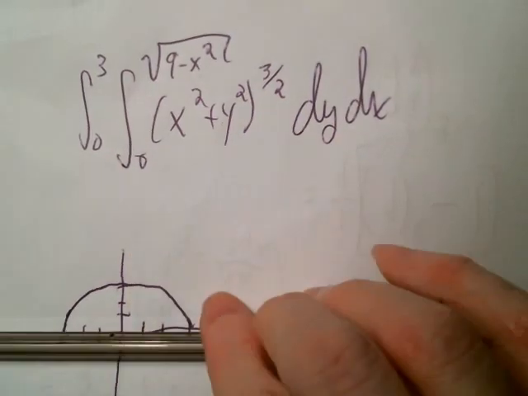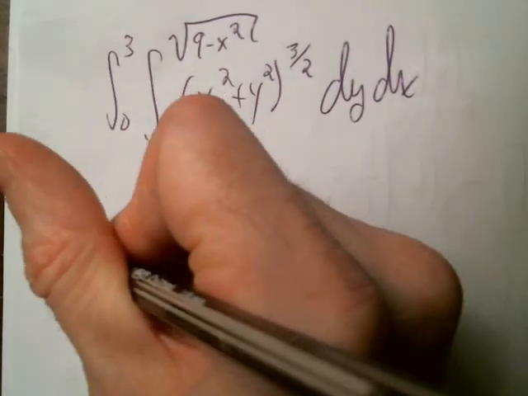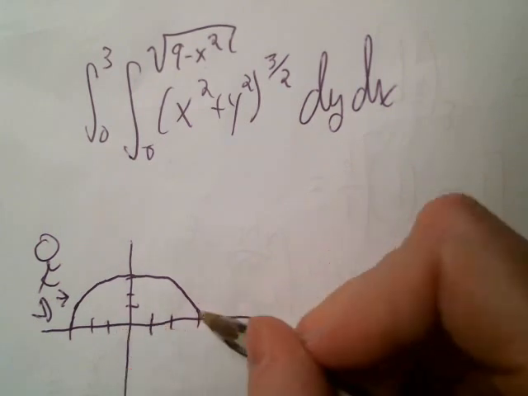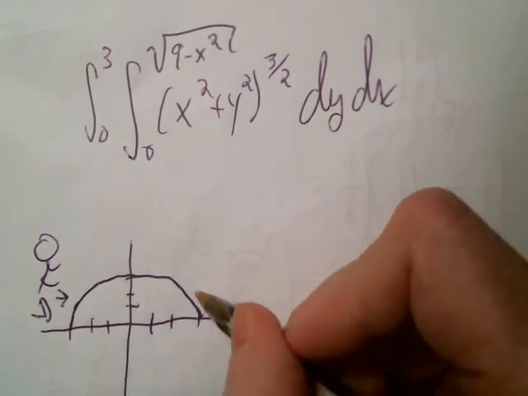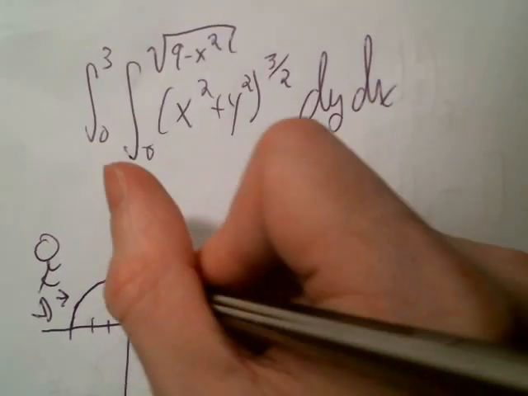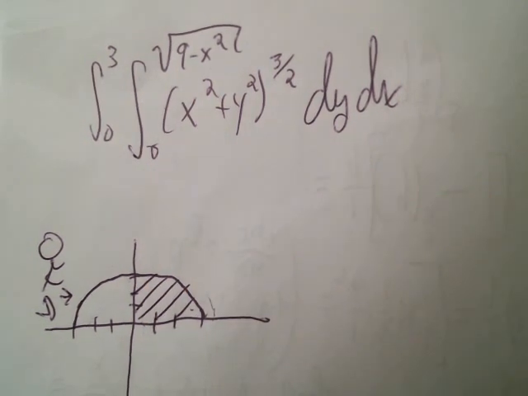The Riemann man is in the traditional orientation, going from y equals 0 to y equals square root 9 minus x squared, and then running on the x-axis from 0 to 3. So it's not the whole semicircle, it's just half of it.